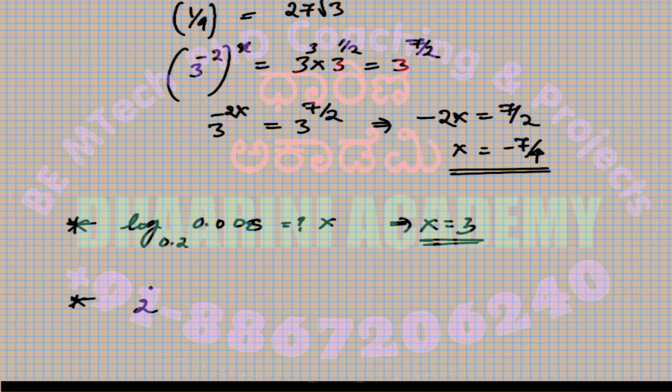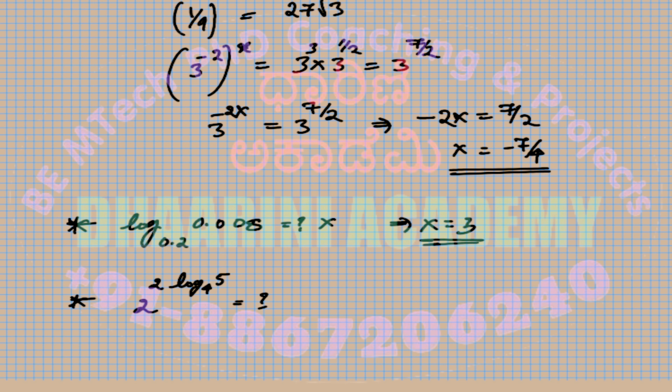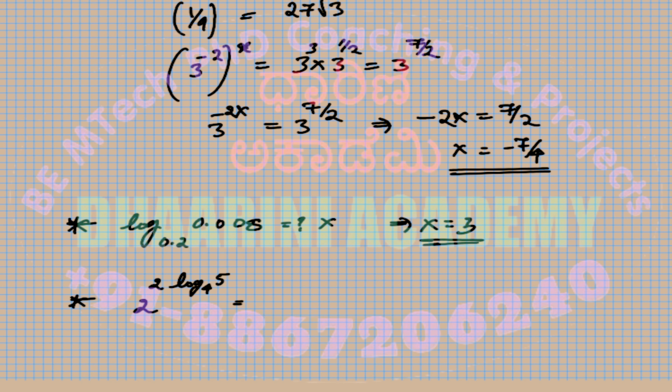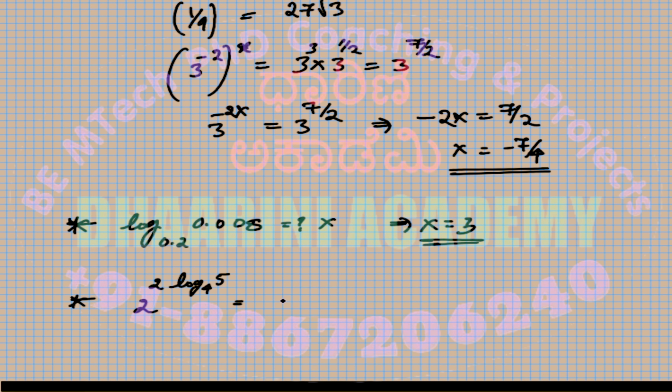2 to the power 2 log of 5 to the base 4 equals how much? What we can do here is simplify this in the following fashion. I can write this as (2 squared) to the power log of 5 to the base 4. What is 2 squared? 2 squared is 4.